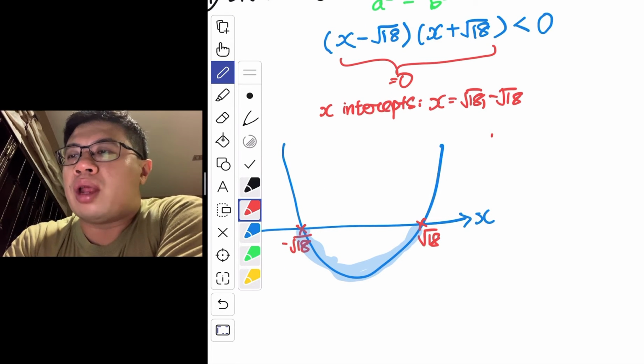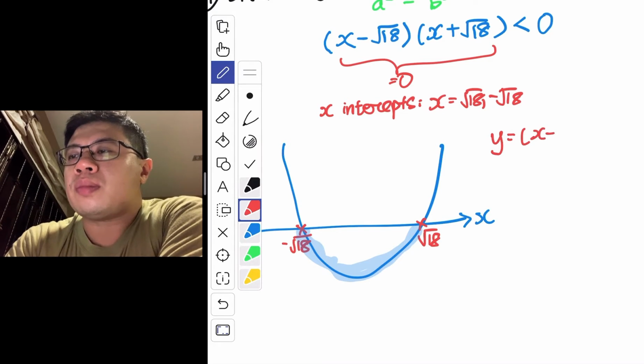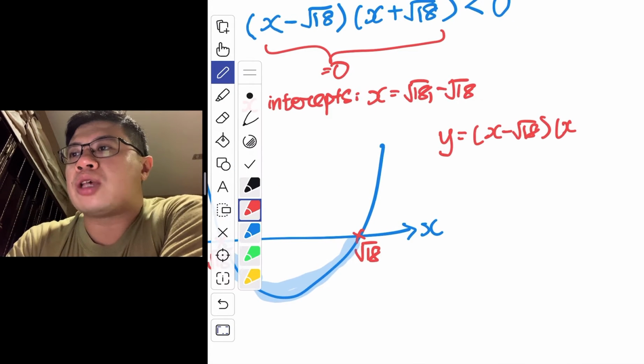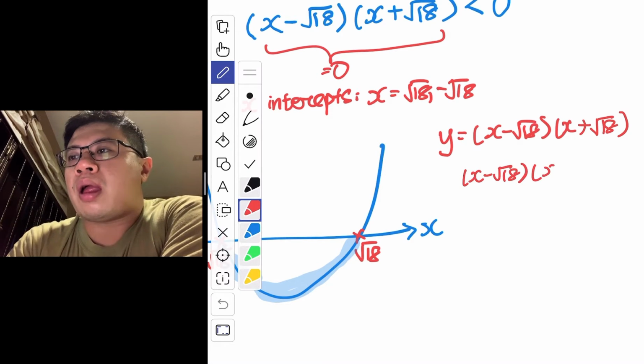Number 1, you are relating the graph. You are sketching the graph y equals (x minus square root 18)(x plus square root 18), and at the same time you are thinking about (x minus square root 18)(x plus square root 18) to be more than 0.